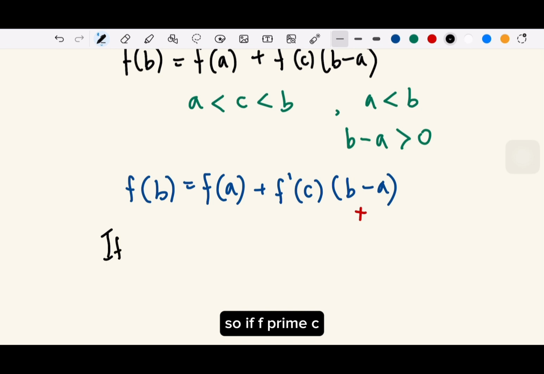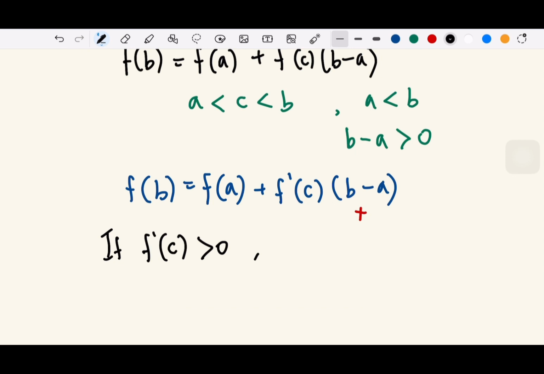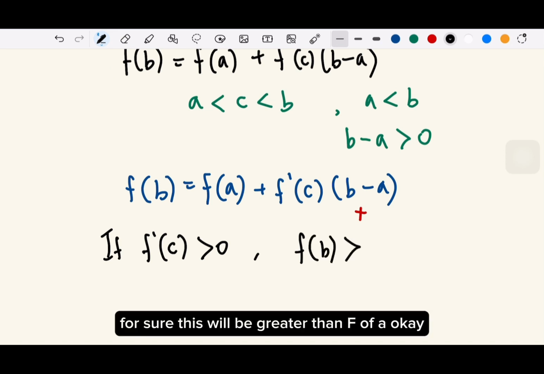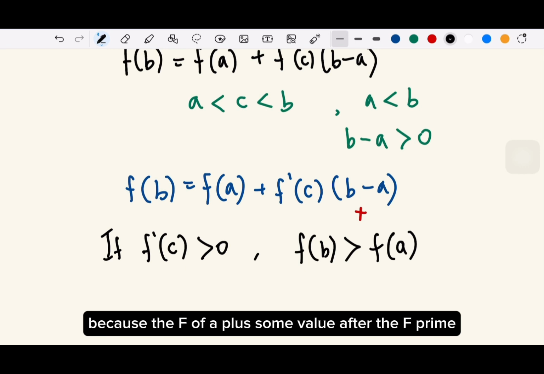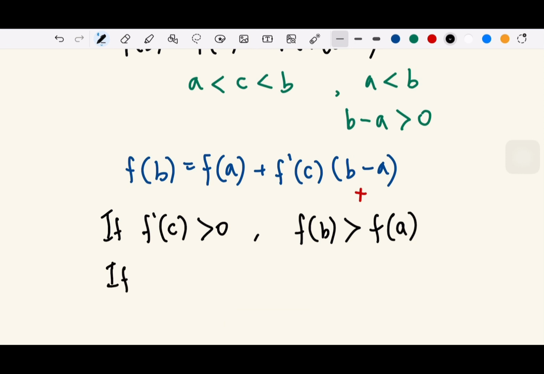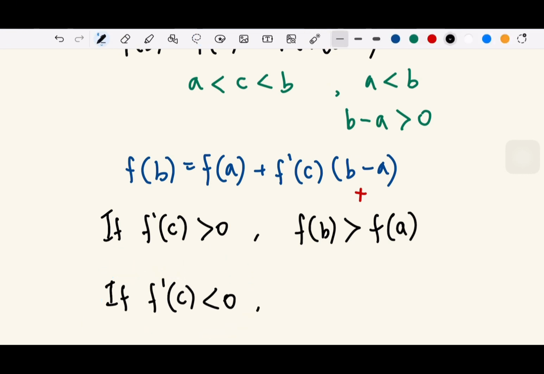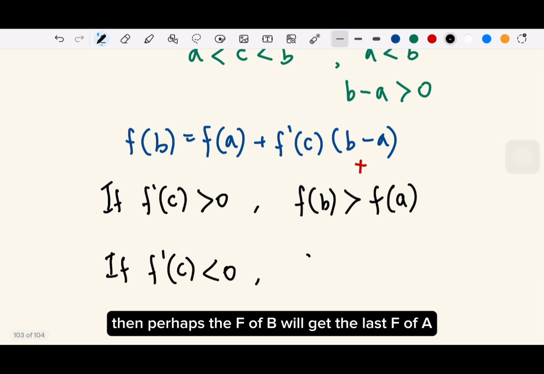If f prime of c is positive, then f(b) will for sure be greater than f(a), because it is f(a) plus some positive value. And if f prime of c is less than 0, then f(b) will be less than f(a).